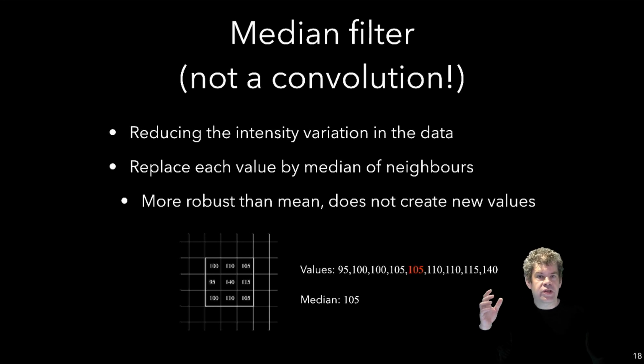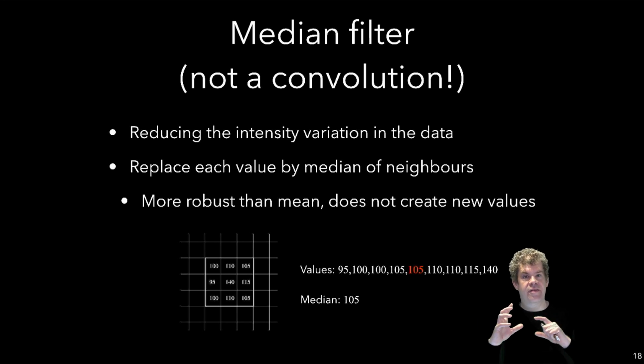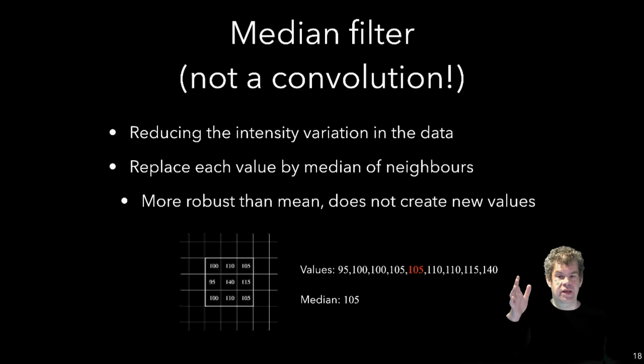That creates a similar effect. It also sort of smoothes things out. Why? Because any extreme value in the data set will always end up being either far at the front or far at the back, so we never pick it. So we tend to pick values that are in the middle.